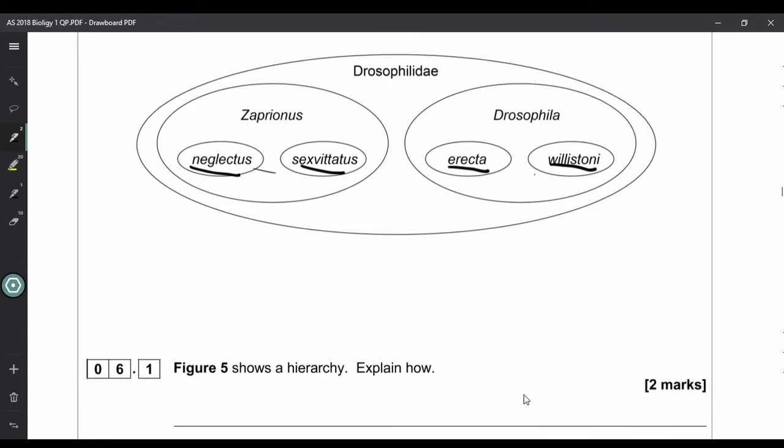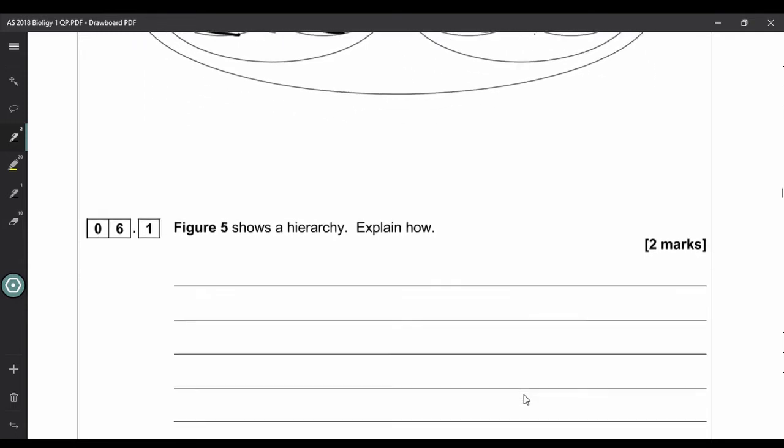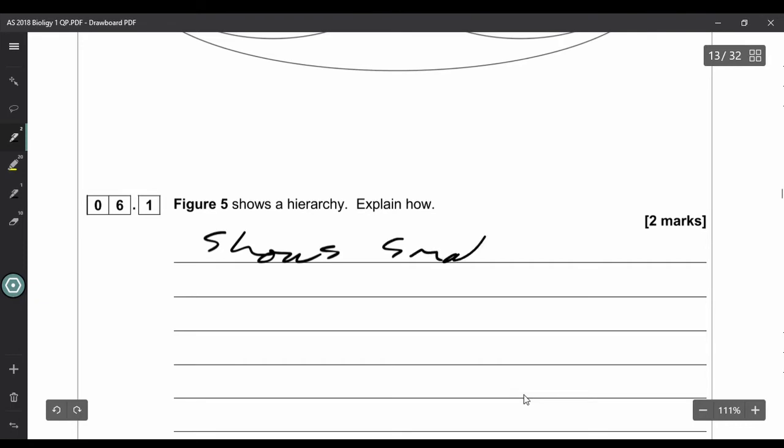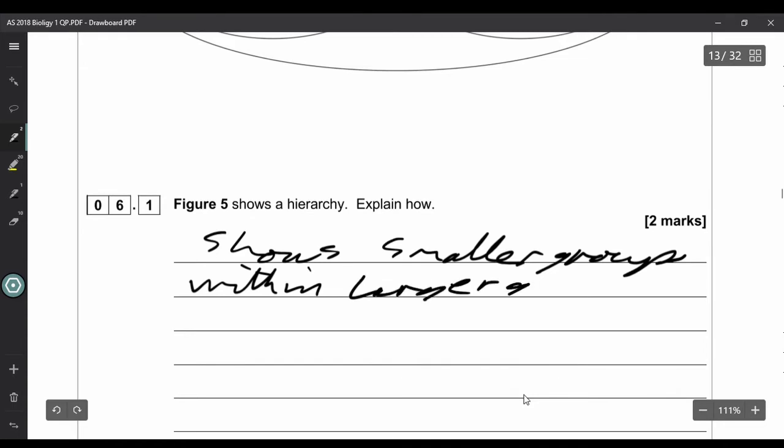So to explain how this contains a hierarchy, we just need to put that it shows smaller groups within larger groups, and there's no overlap between the groups.